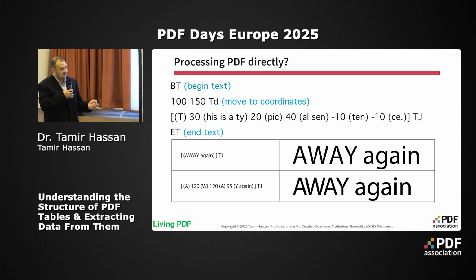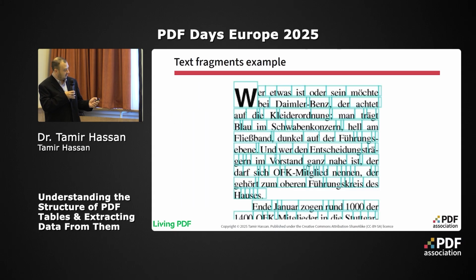And when we analyze the PDF, typically these are the initial blocks that we can use. We could split them up into individual characters. It's not usually necessary. It just makes everything much, much slower. But as you can see, every time the word has been broken up, it's because there was a kerning operator in place.